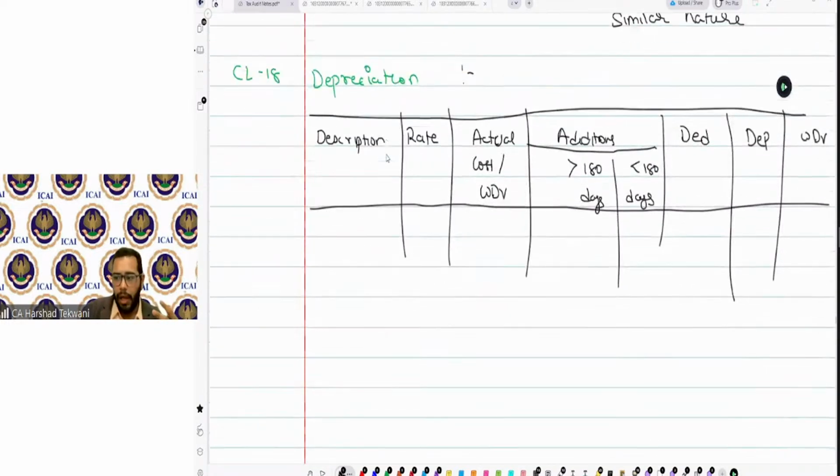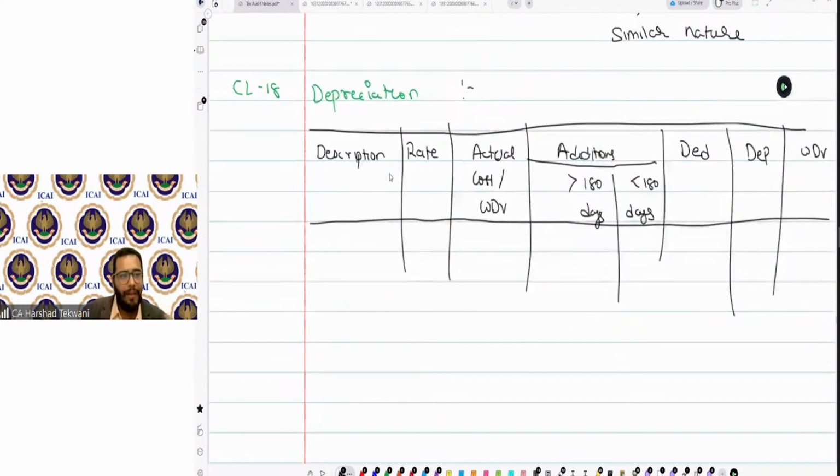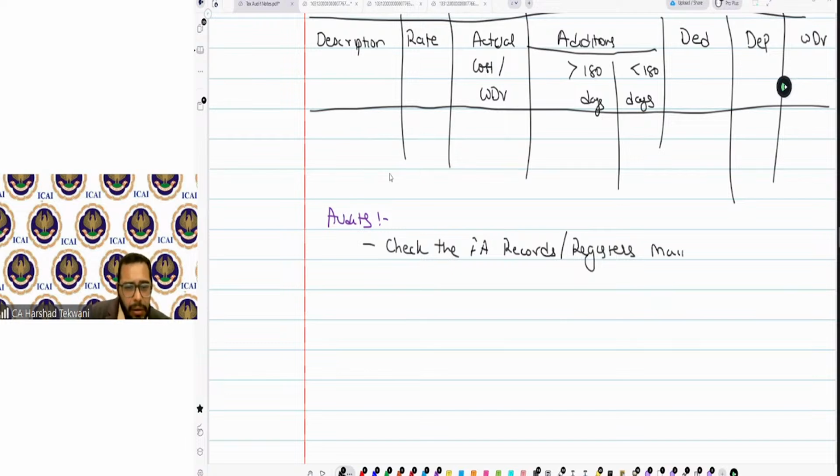And once you prepare this detail, or the assessee prepares this detail, you verify whether the details are appropriate or not. How? Based on the fixed asset records. So what you need to do is, number one, you need to check the FA records or registers maintained for income tax purpose.